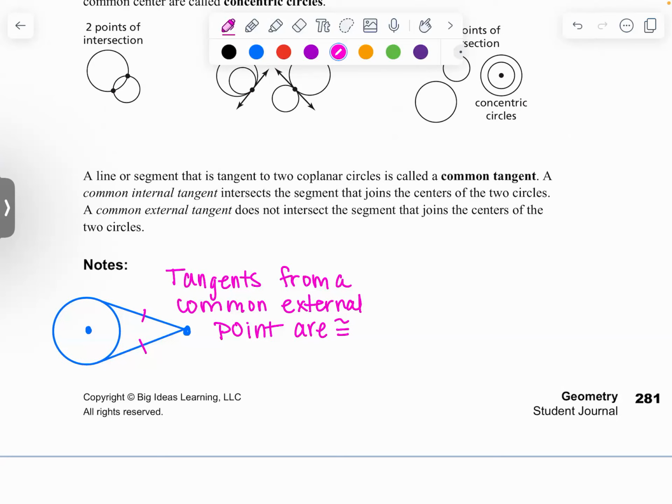And this is another scenario where we're going to get some algebra. It's not really a triangle. We don't have a third side.